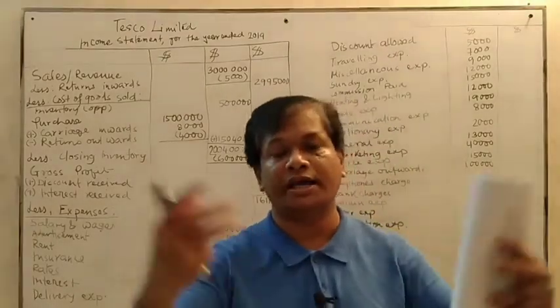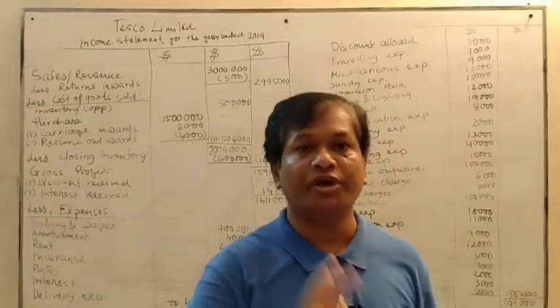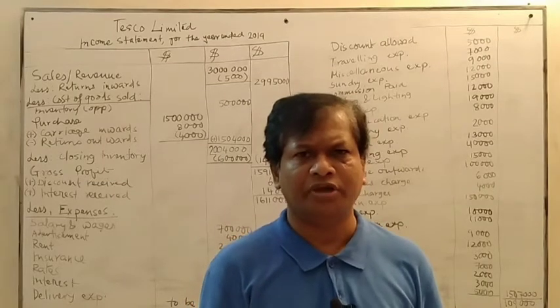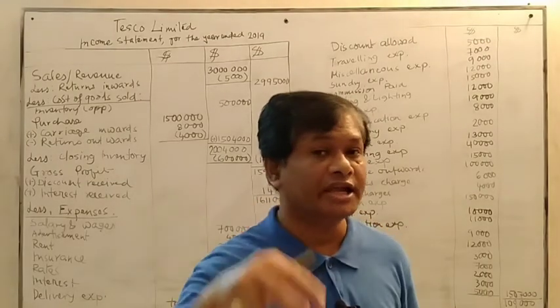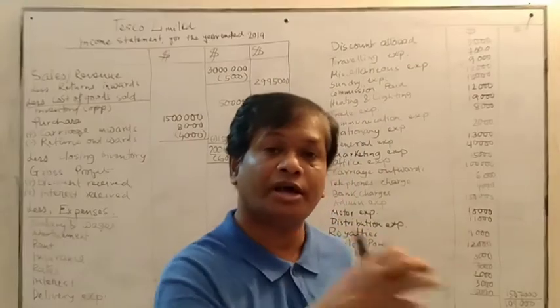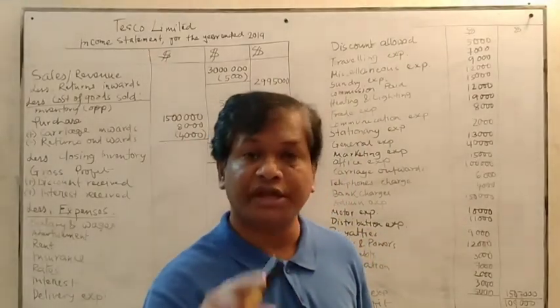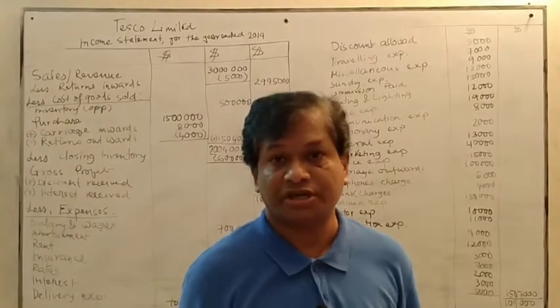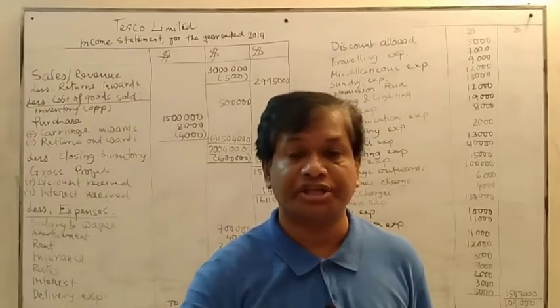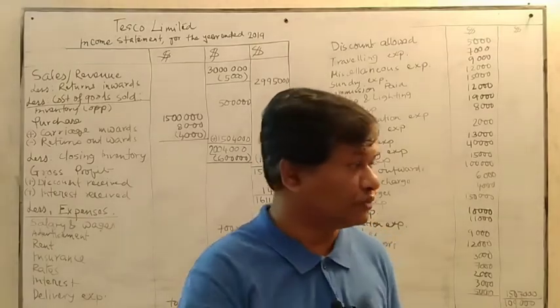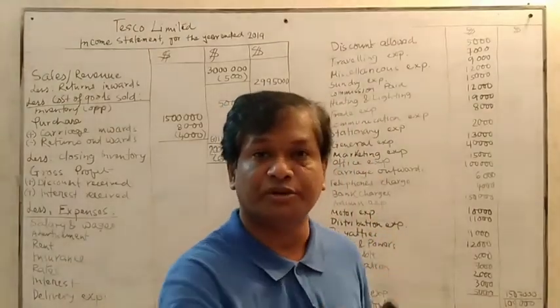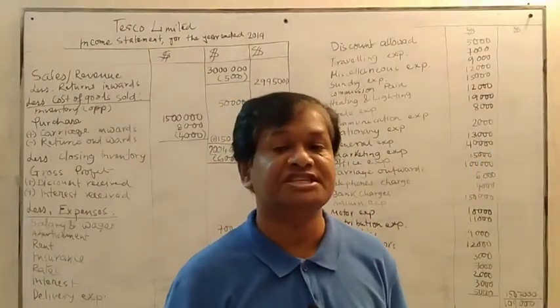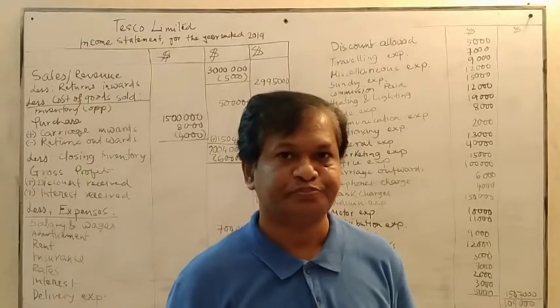If the figure is high enough, they are very happy. If it is low, they are a little unhappy. But if it is negative, maybe sometimes the figure comes out negative, then instead of writing net profit, you have to write net loss. That is not respected by the shareholders or the owners. So this gives them a signal whether their business initiative is successful or not.